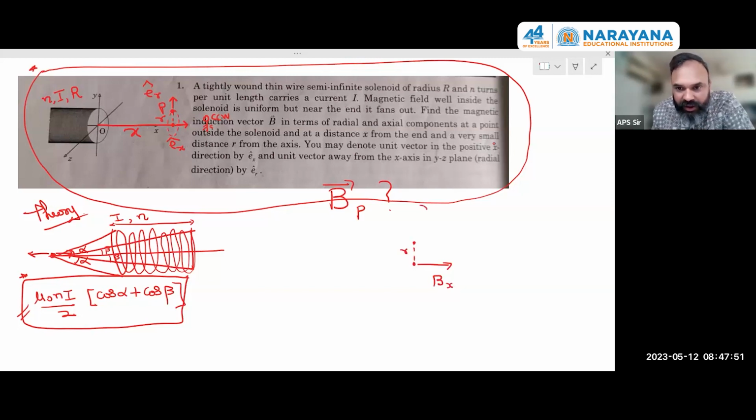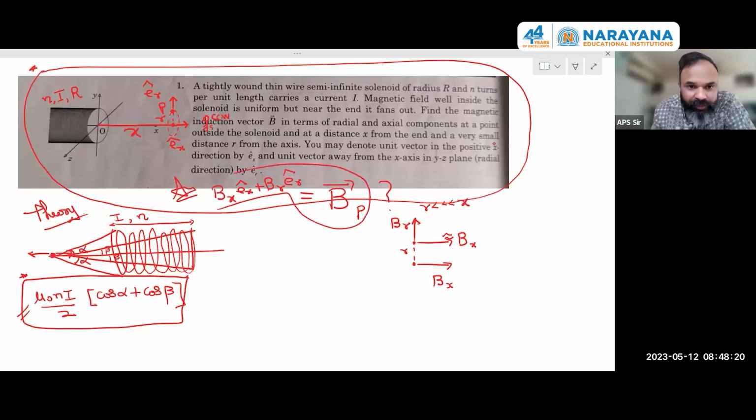Because r is very, very small in comparison to x, my magnetic field in the x direction nearly remains the same, so it nearly remains Bx, but I gather a radial field, which is Br. So my B_P vector, which is my answer, is Bx e x cap along the axis, and then Br in the radial direction, e r cap. This can be my answer if I can derive the expressions of Bx and Br properly. That is what is desired.